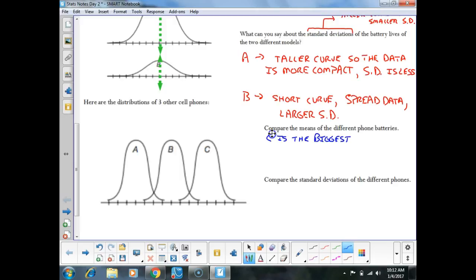Because it's the furthest to the right. Exactly. Okay, so C is the biggest because it's the furthest to the right on the graph. Which one's the smallest then? A. Why is A the smallest?